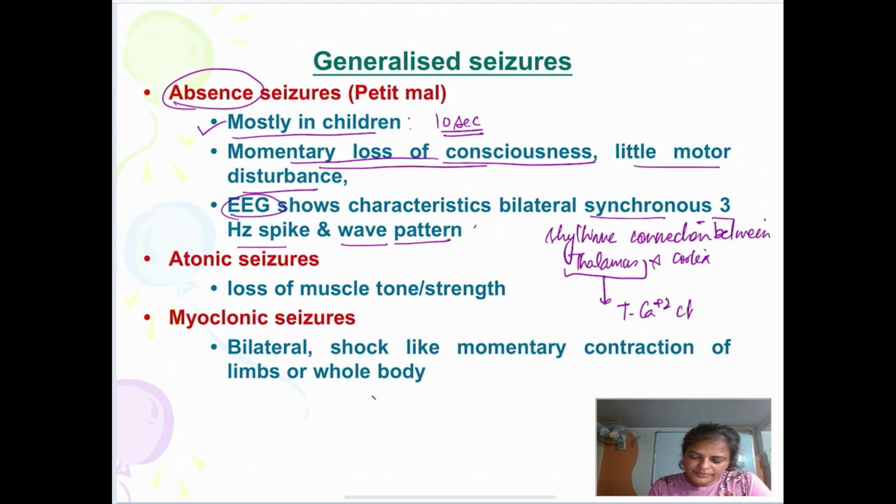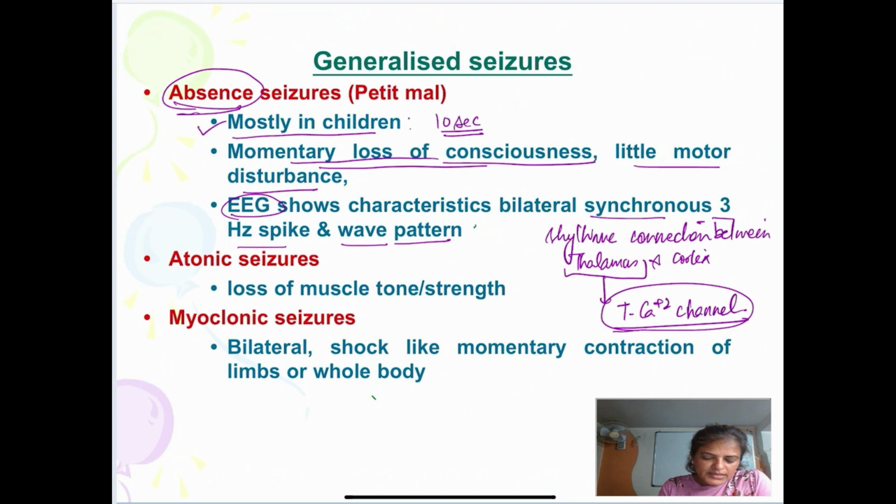So drugs which are effective against absence seizure are those which act by blocking the T-type calcium channel.